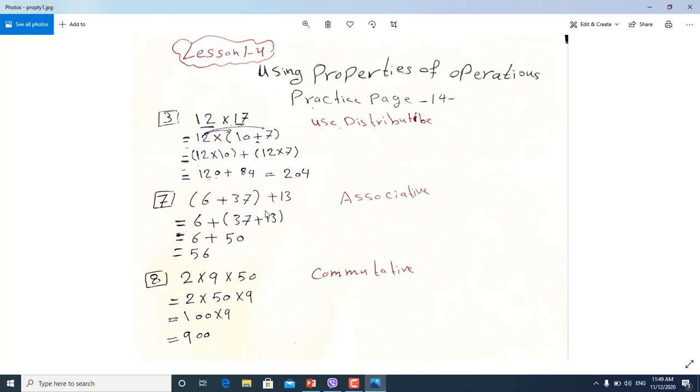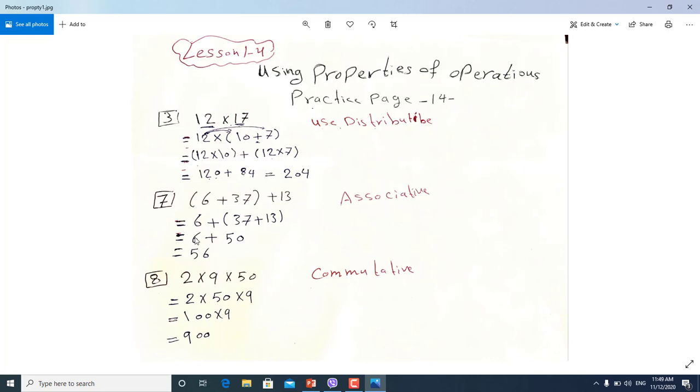And from number 7, 6 plus 37 inside parentheses plus 13. So when you have parentheses, we know that we must use the associative property. That means changing the place of the parentheses. We have 6 plus 37 in parentheses, so we make 37 with 13 in parentheses. So with this 6 we write only 6 and plus, and 37 plus 13 in parentheses.